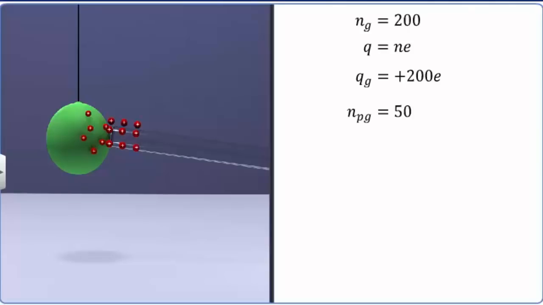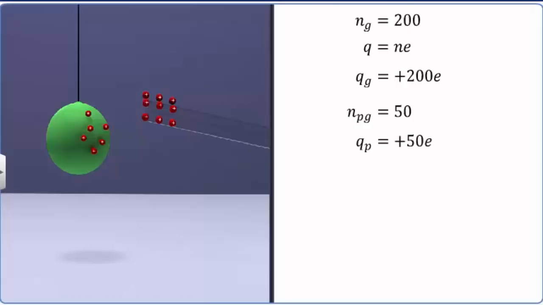Now, the pith ball has the deficit Np of 50 electrons, which implies that the charge on the pith ball Qp is equal to plus 50 e.